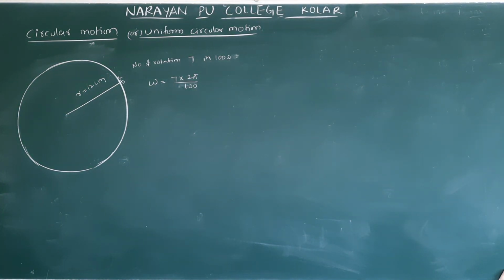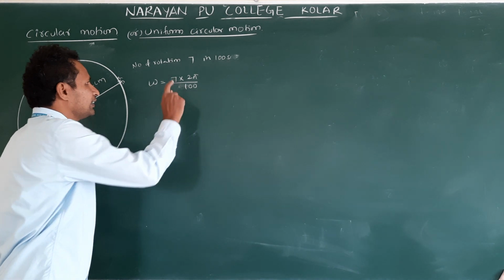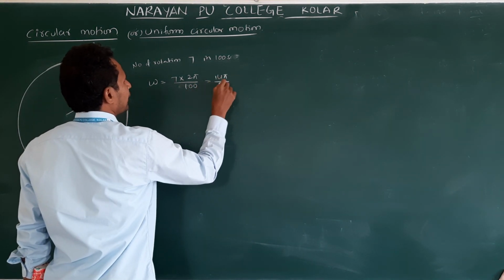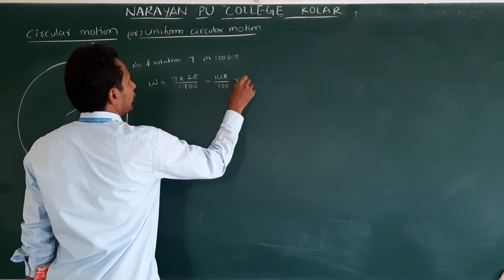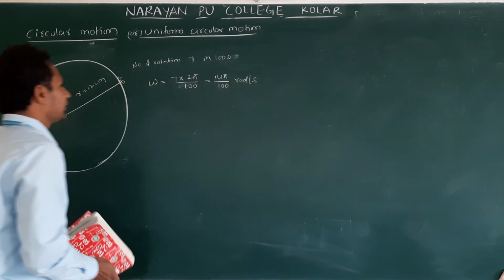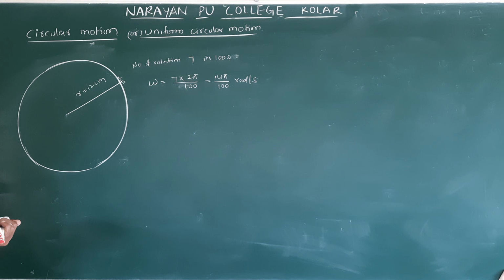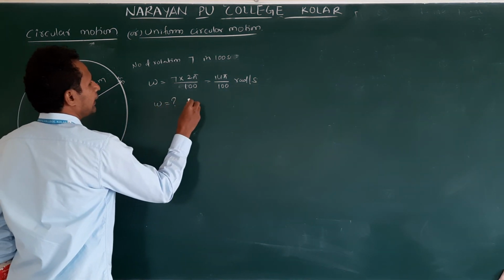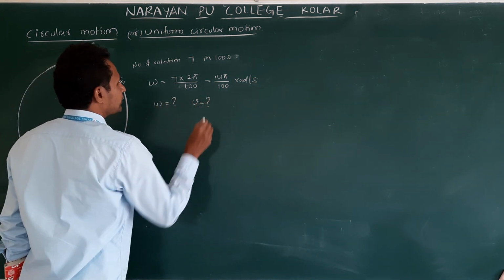If they mention 7 RPM, then our formula n into 2 pi by 60 is valid. But they mention 100 seconds. So we can write this as 14 pi by 100 radian per second. Next, they asked the angular speed omega and the linear speed.